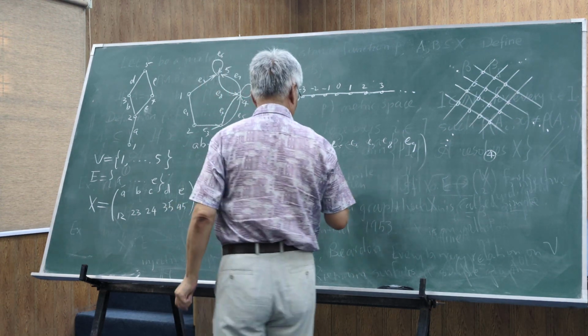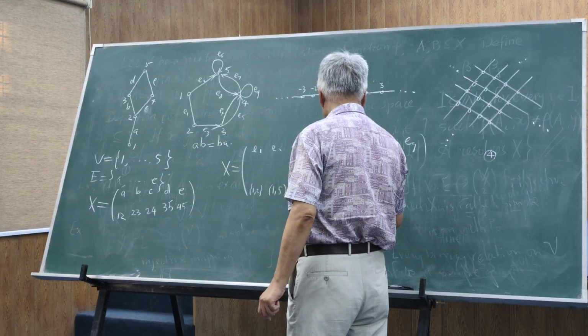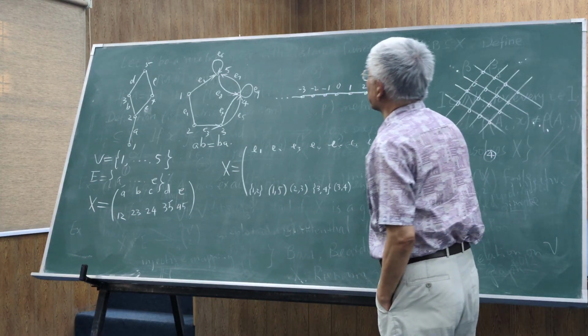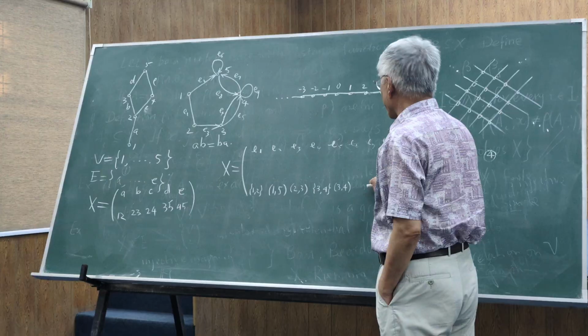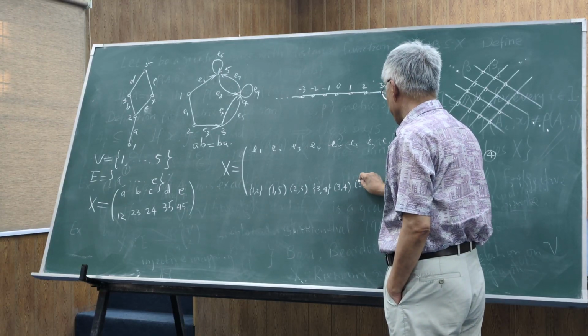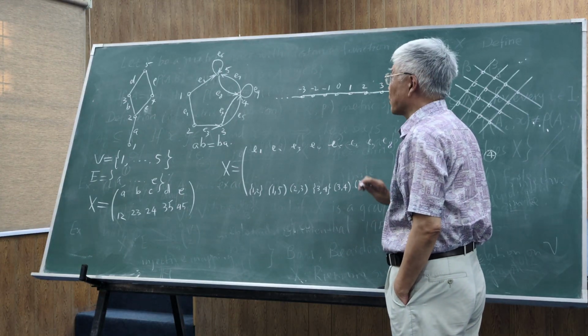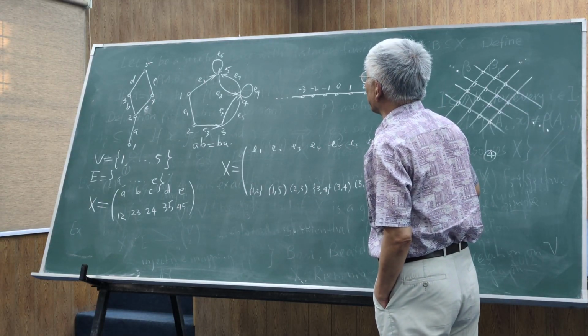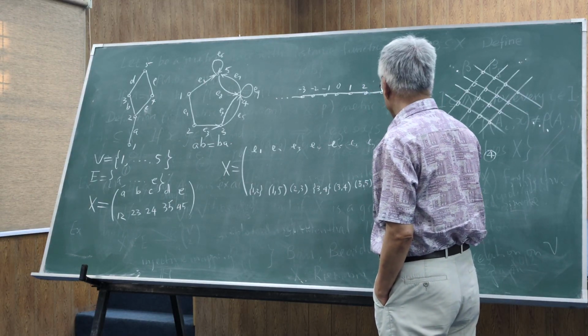E5 is 3, 4 ordered. E6 is 5, 5, one of the diagonal elements. E7 is 4, 5.